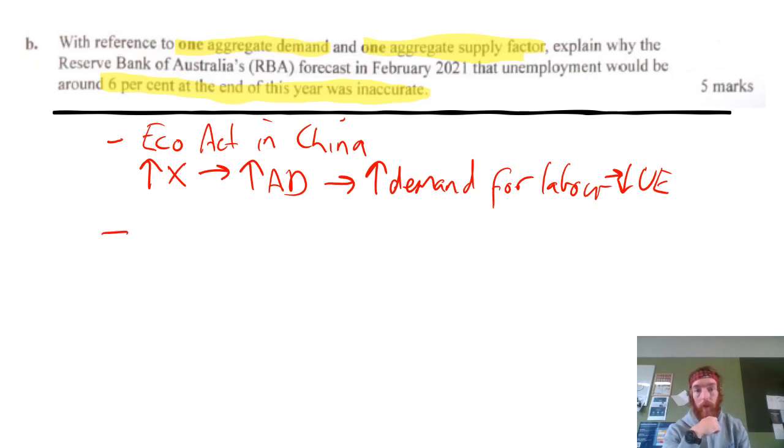Supply side factor, you could go a lot of different ways. You could simply go with a supply side factor being labor force participation, like whether or not there's actually labor there. That could technically bring it down.